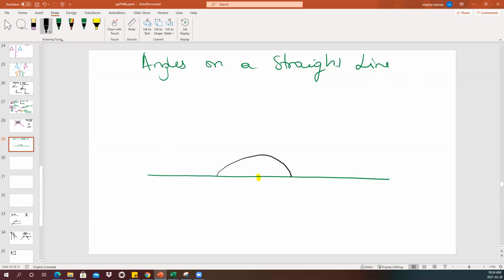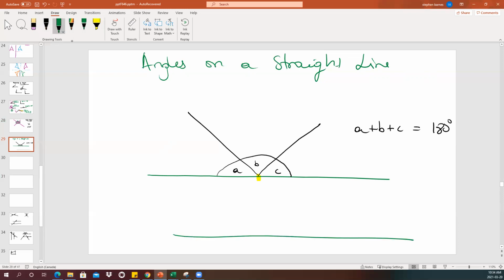It therefore means that if multiple angles are on a straight line, they still sum to give you 180. So if I have this angle A, that angle B, and that angle C, A plus B plus C is going to be 180 degrees. If I have the same straight line, but this time, instead of three angles, I have four, the rule still applies.